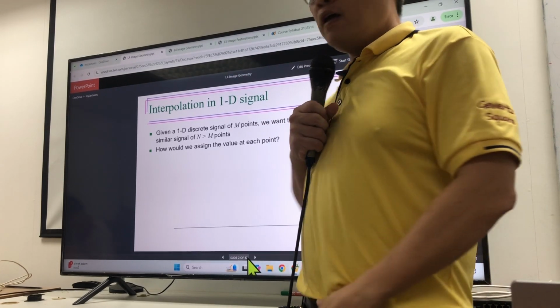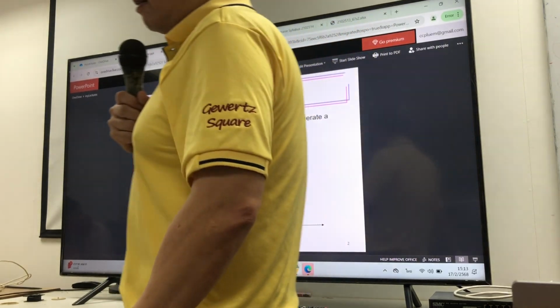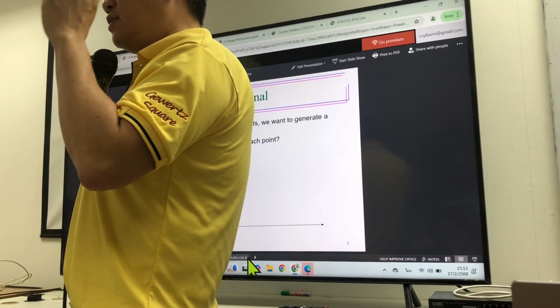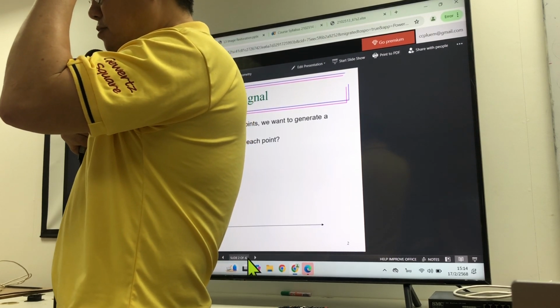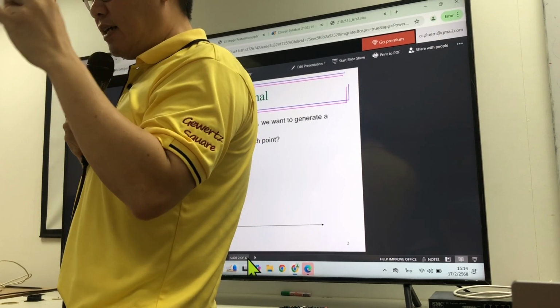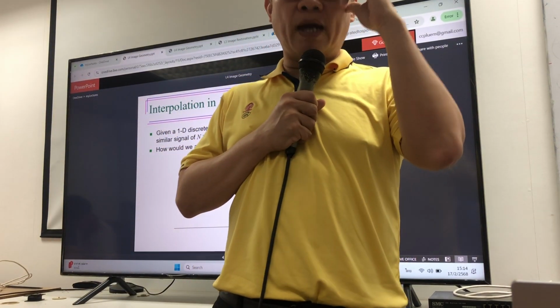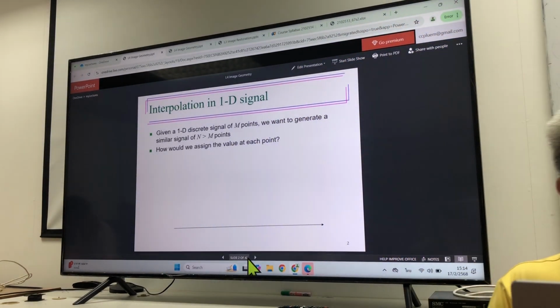The image interpolation we learned earlier has 3 different ways. First, nearest neighbor. Second, bilinear. And third, bicubic.